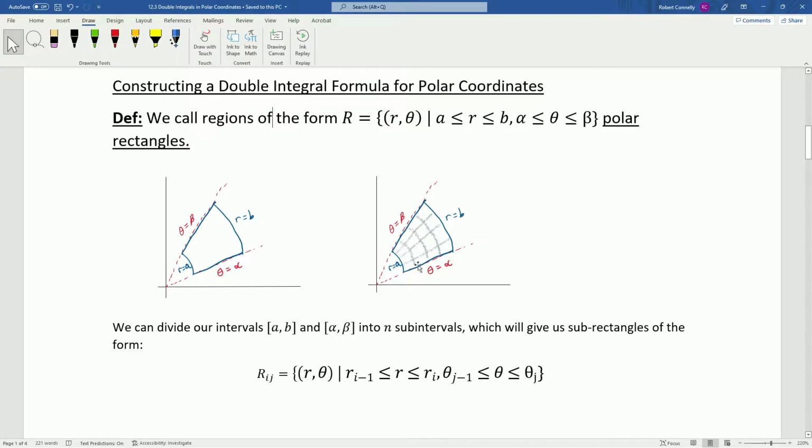If you look at this picture here, all we've done is draw some more angles and some more radii, and so we get all these different subrectangles. Each subrectangle is the set of all points between two subsequent radii and two subsequent angles.